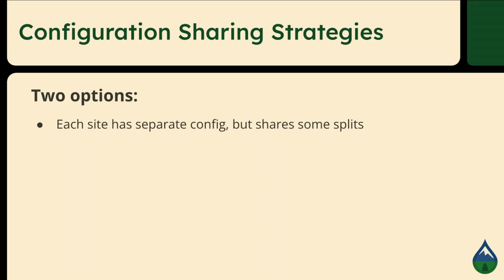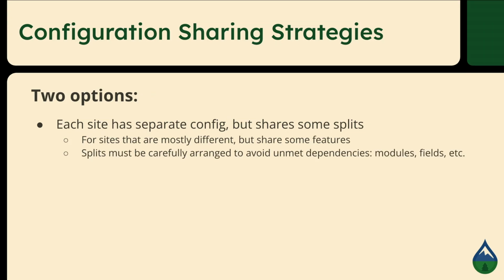And I do that some, but that is for sites that are mostly different probably, but share some features. When you do that, you need to make sure your splits don't have any unmet dependencies, or they'll pull in things that you don't want to share. So you have to be careful and watch when you export your split configuration, and see what is changing. Make sure you don't include anything you don't really, really want to share.